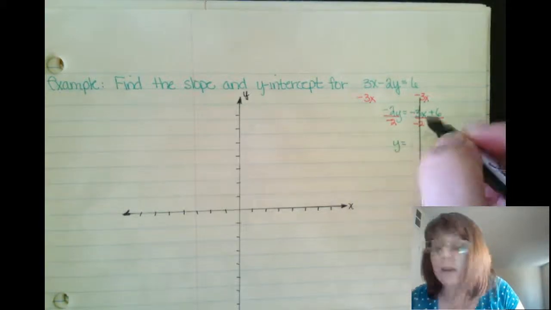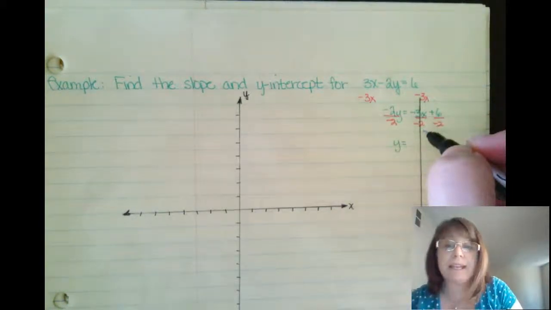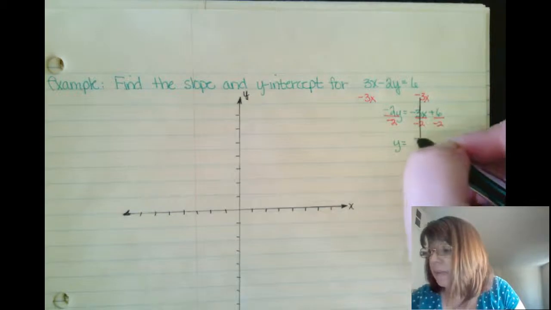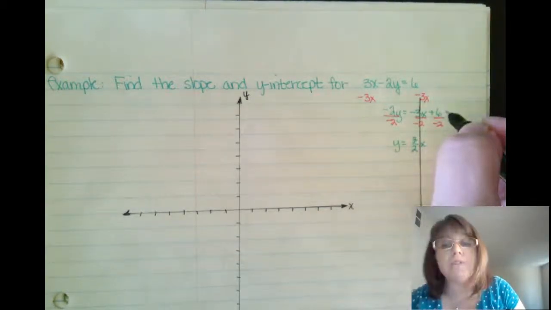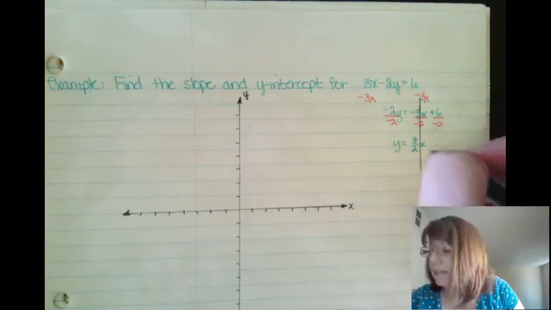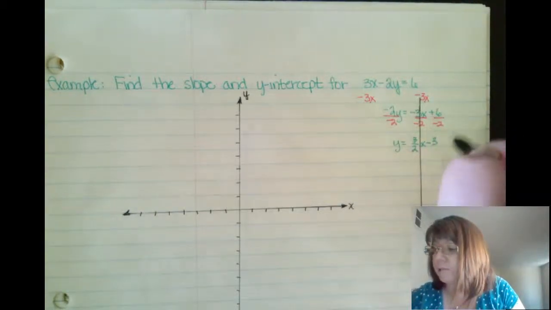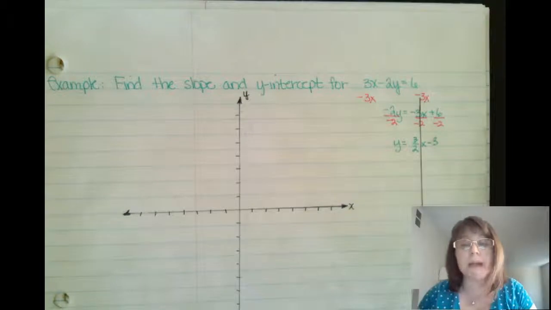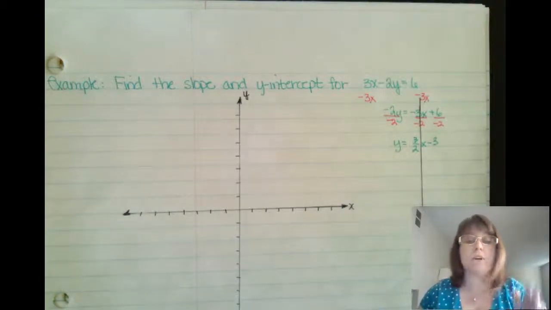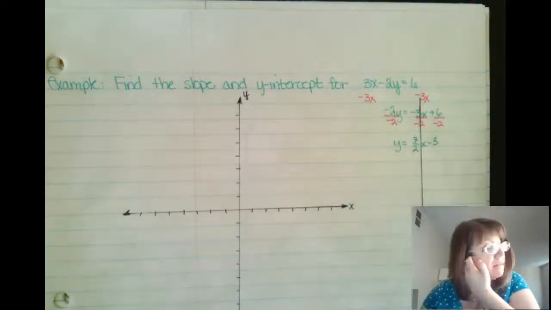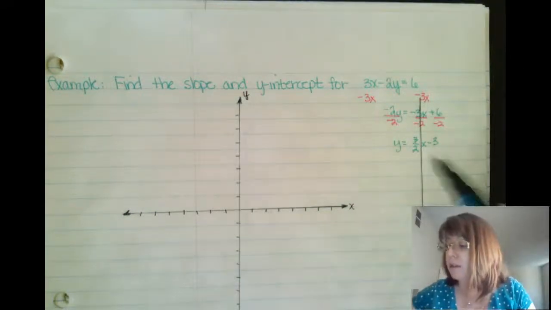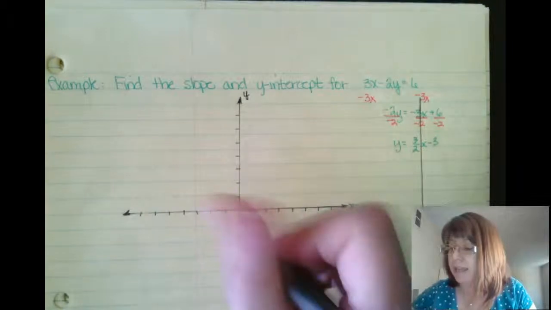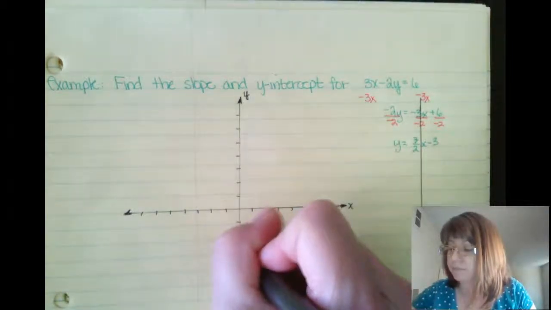Y will equal, well, a negative divided by a negative is a positive, so I have a positive 3/2 x. Positive 6 divided by negative 2 is a negative 3. Now that it's in the correct form, the slope-intercept format, I can immediately plot the y-intercept at negative 3.